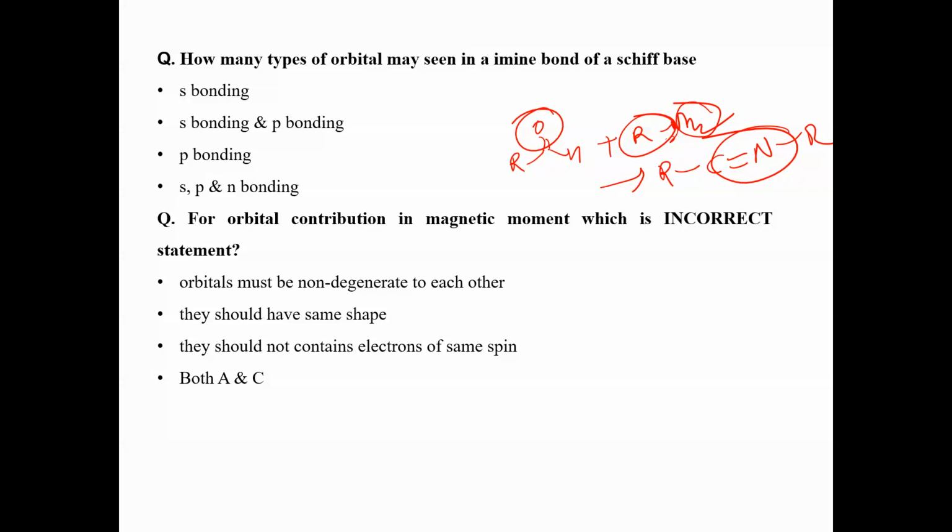After interconversion, if an electron is transiting from one orbital to another orbital having the same symmetry, that creates the orbital contribution. So they should be interconvertible, right?